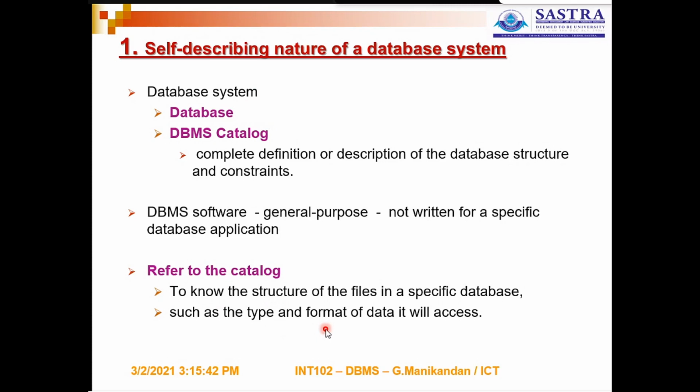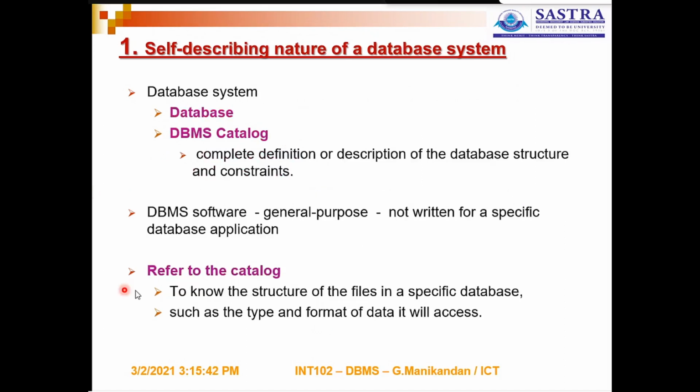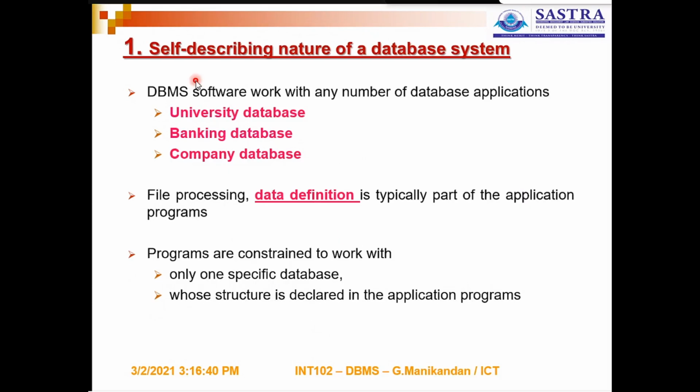If it is a record, whether the record is stored in the form of spanned records or unspanned records, all that information will be determined based on the information available in your DBMS catalog. Now, what we have discussed in the previous slide, your DBMS software is a general purpose software. So here I have listed some applications.